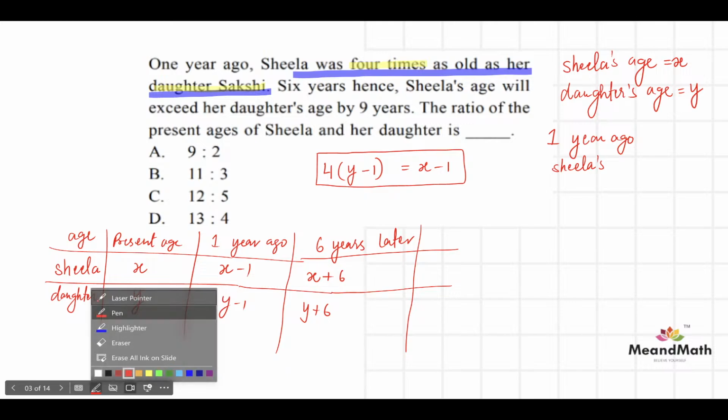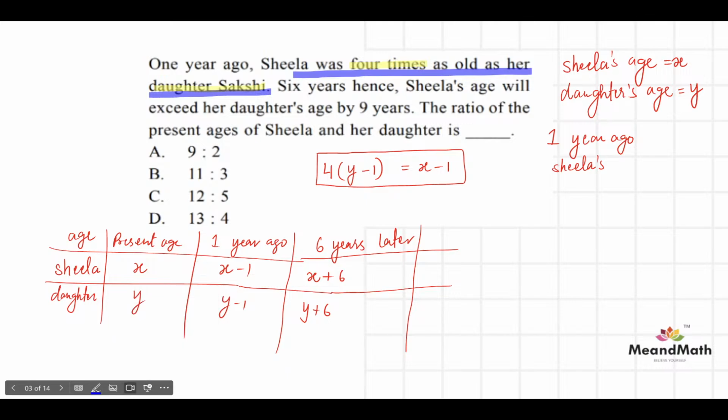So based on the statement given over here, x plus 6 is mother's age and y plus 6 is daughter's age, but we are going to be adding 9 to daughter's age to make them equal. 6 years hence, Sheila's age will exceed her daughter's age by 9 years.